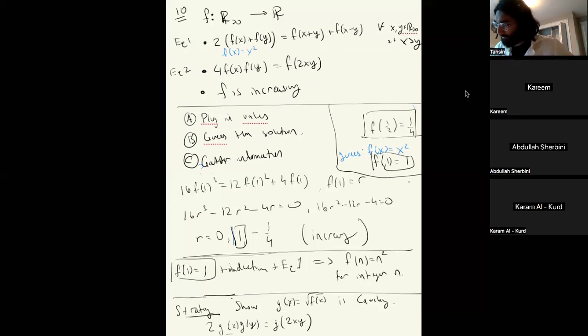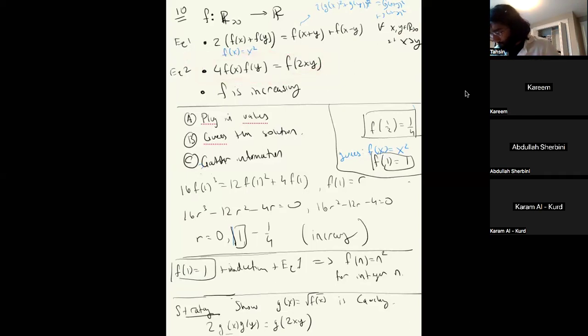If you make the substitution, these equations become something like 2 of g of x squared plus g of y squared equals g of x plus y squared plus g of x minus y squared, and it becomes very hard to work with. But maybe I'll make some comment: this second equation is not exactly Cauchy, but it's very close to being Cauchy.